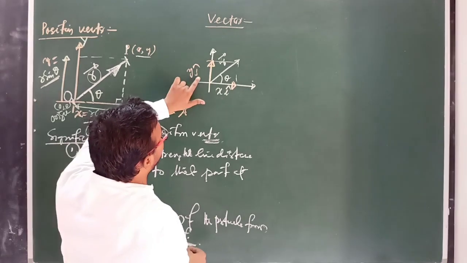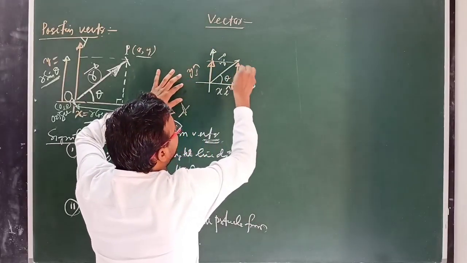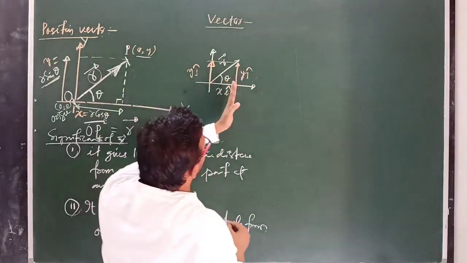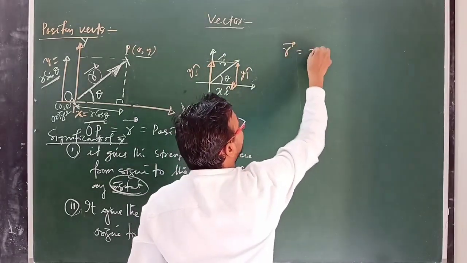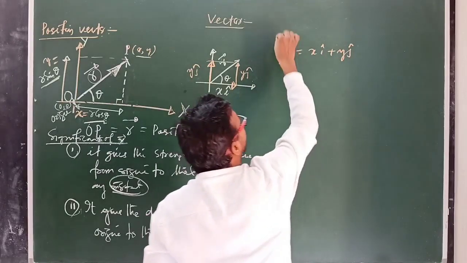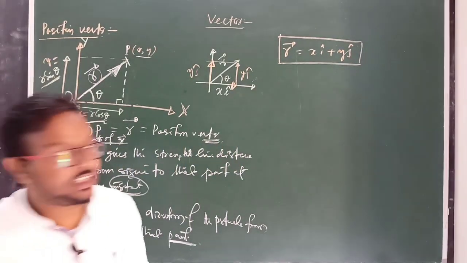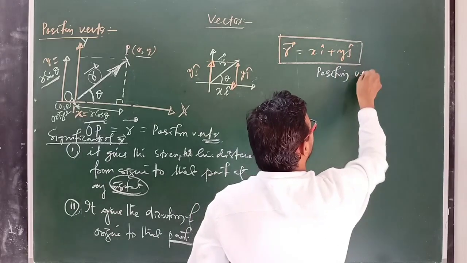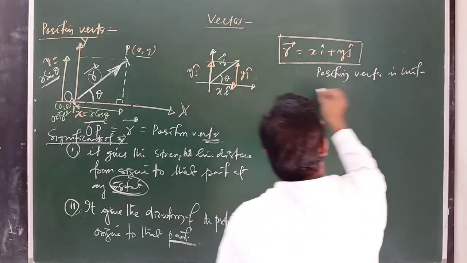Now this y j cap vector is shifted here, so x i cap plus y j cap is equal to R vector. So R vector can be written as x i cap plus y j cap. This is the position vector in unit vector form.